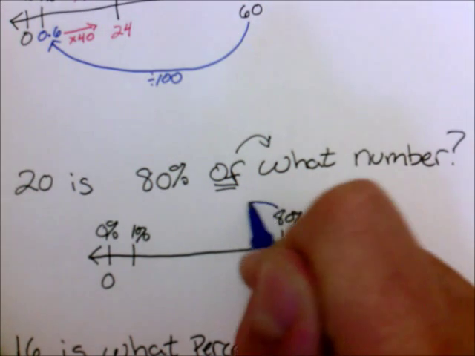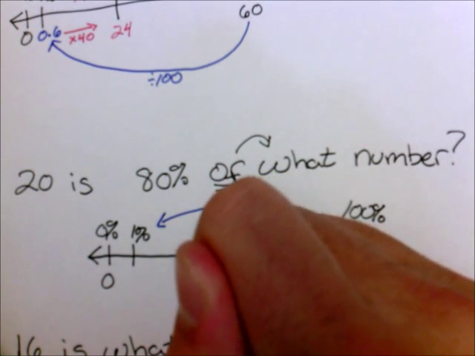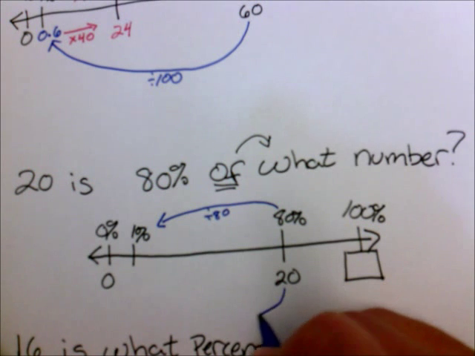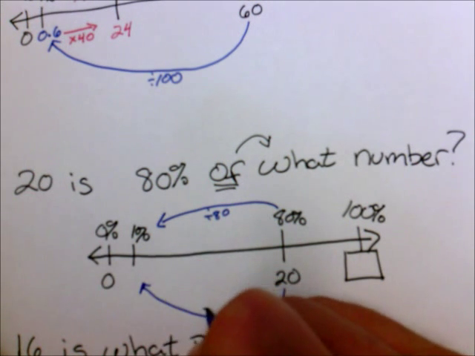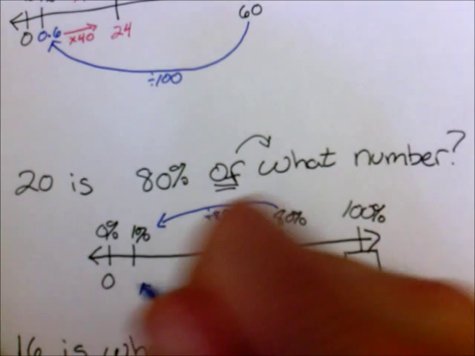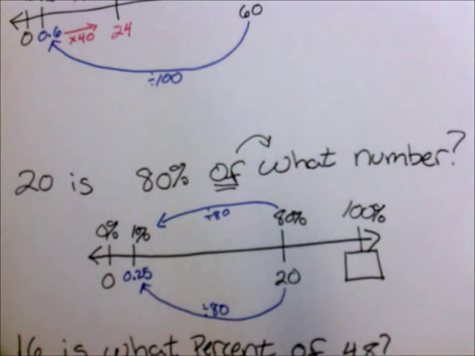I have to take 80 and go down to 1. Well, to do that, I divide by 80. Take 20 and divide by 80. And when I do 20 divided by 80, I get 0.25.